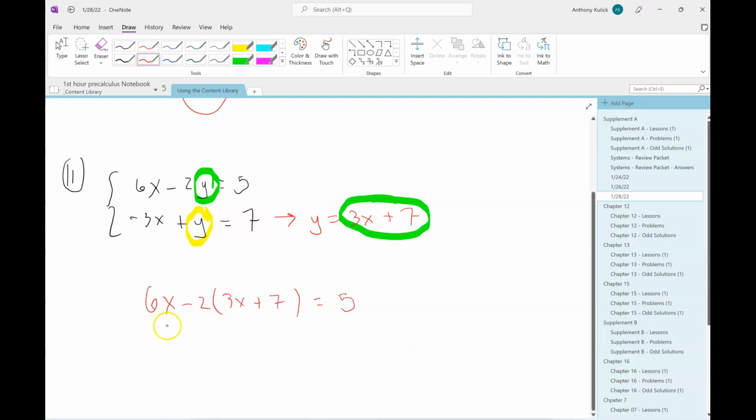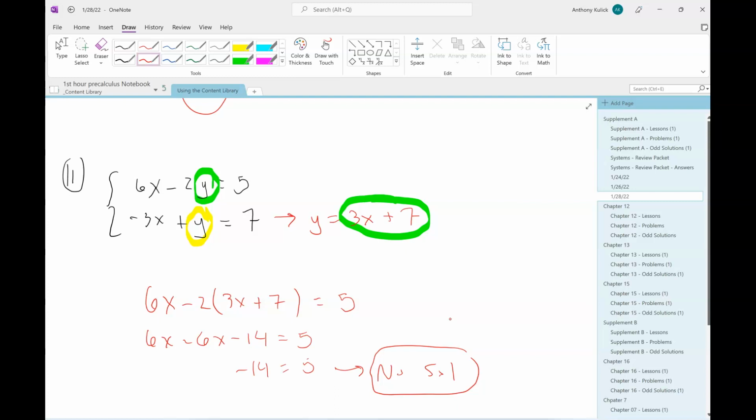When I do that, I can distribute the negative 2 through. And I notice that all drops off, and I have no solution here, since I have things that are not equal.